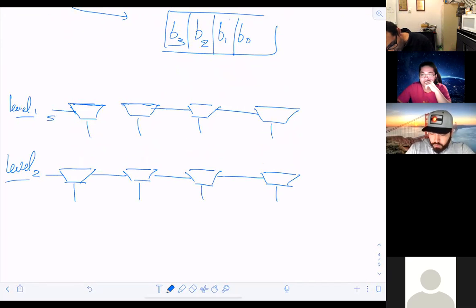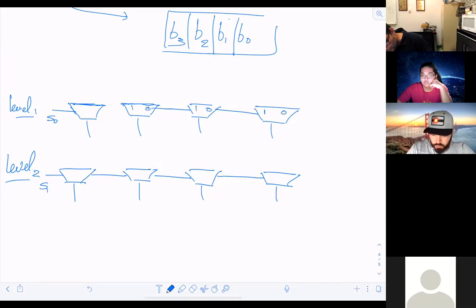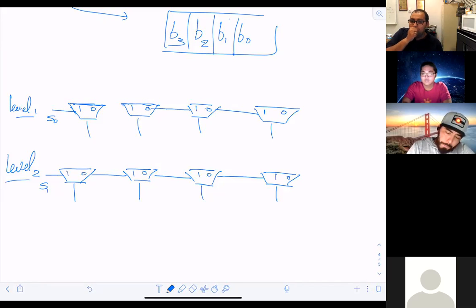If this is called S0, that's going to be S1. All of them share the same level, sharing the same select. Then everyone has 0, 1 here, right? So far so good.